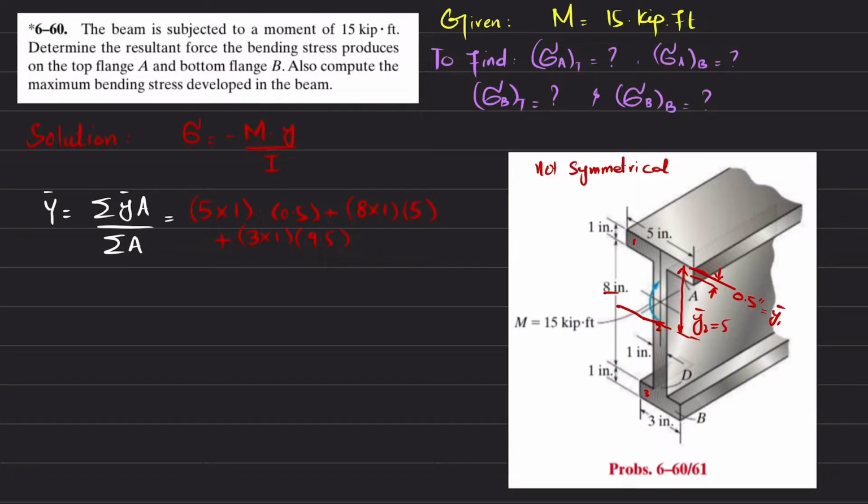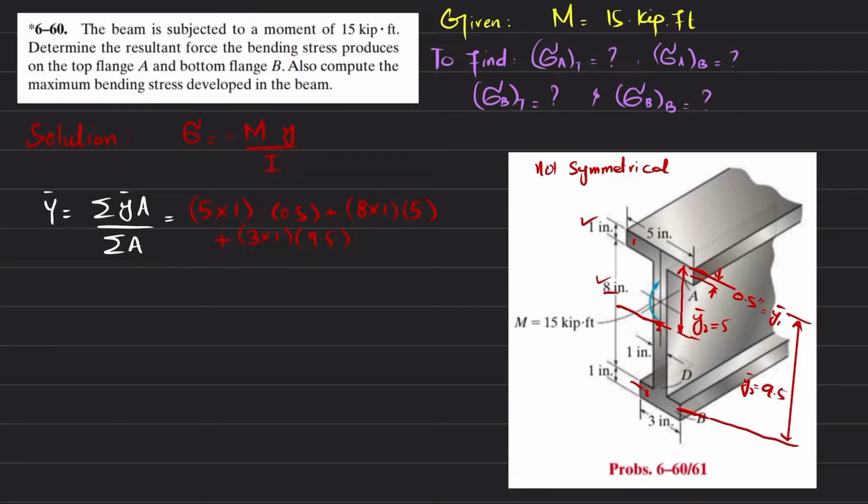I will show you. You can see that half of this will be 0.5, and from this top, the total distance will be 9.5. Also, the total height is 1 plus 8, plus 1, and this is y3 dash.